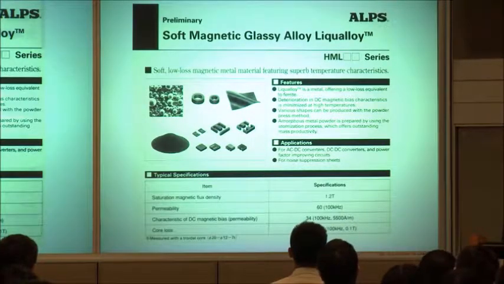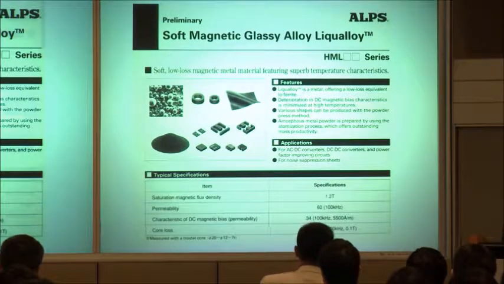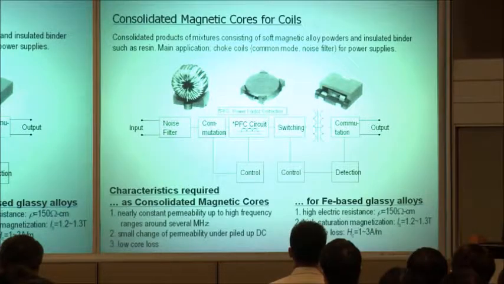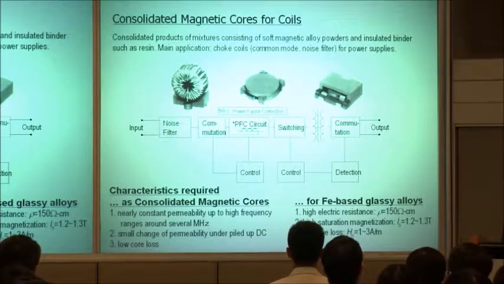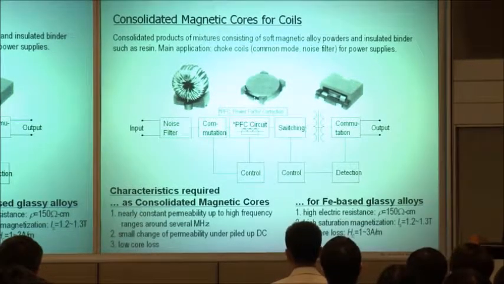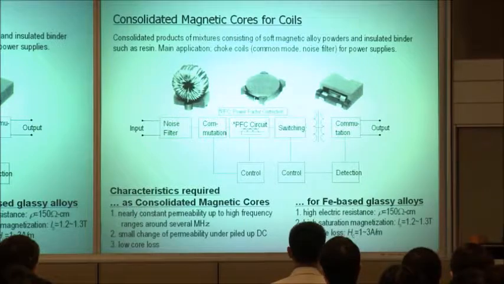So that's ZrACuNi, commercialized by Alps Electric Corporation. The consolidated magnetic coils can be produced in a very simple process: production of powders by water atomization, mixing of powders with resin, cold consolidation, and annealing.